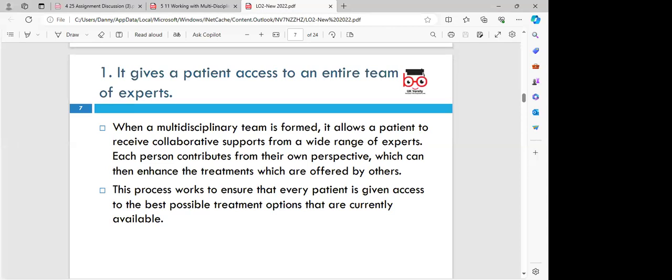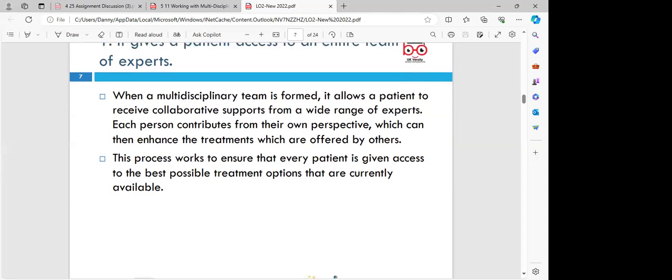So the patient has a spectrum of access to all these specialists or professionals. When a multidisciplinary team is formed, bear in mind the multidisciplinary team is not a stagnant team that is formed and sitting there. It's only when there's a report or an issue that needs to be dealt with that the teams are formed. Do you understand?